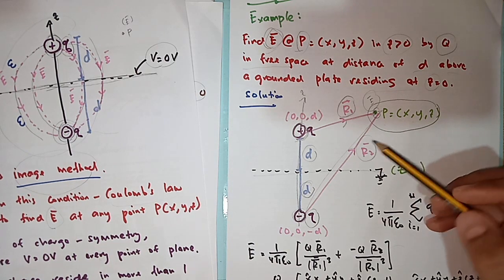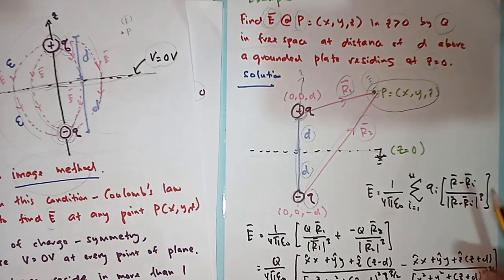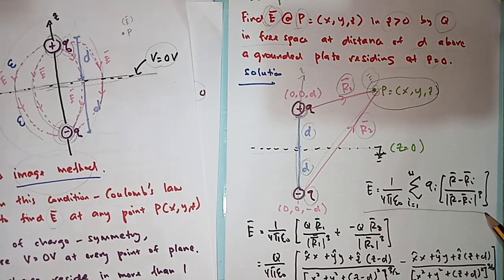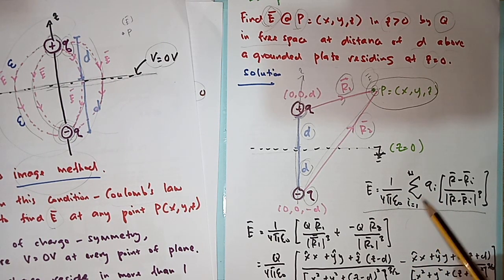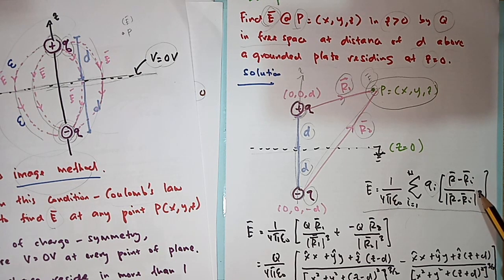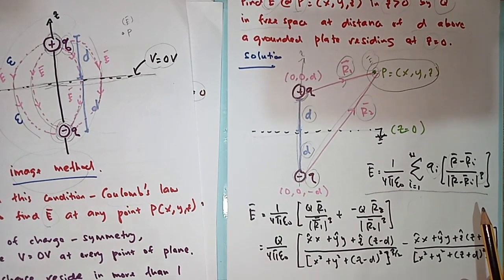Once we determine all the parameters, we use the expression for Coulomb's law as shown in this equation, where the vector E is equal to 1 divided by 4 pi epsilon naught, the summation of i equal to 1 until n, of Qi times the vector R minus vector Ri, divided by its amplitude to the power of 3.